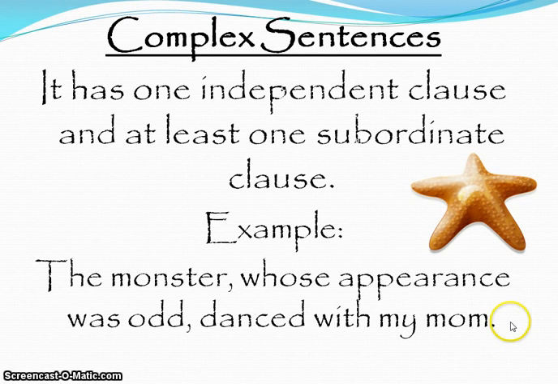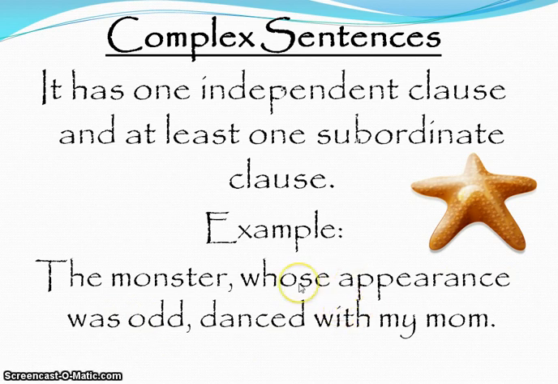Just a little hint, you're going to see clue words in these sentences. So for those of you who mastered your adjective clauses with that, which, whose, who, and whom, and your adverb clauses with your white bus, these are going to be pretty easy to find. Notice it has a clue word right there. Whose appearance was odd. That's a subordinate clause, isn't it?